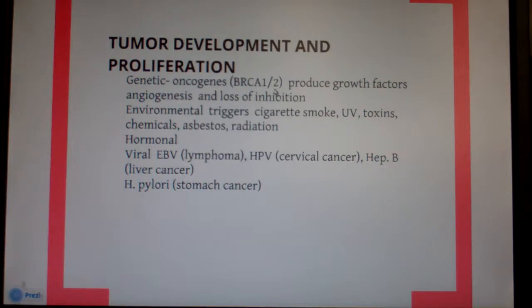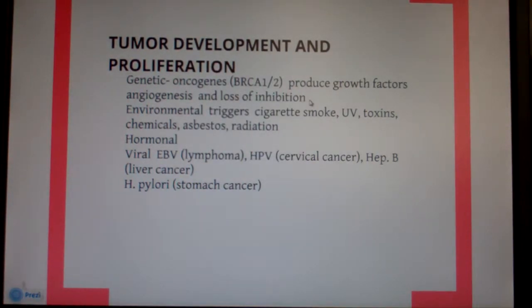Because oncogenes are defective, they have the ability to stimulate rapid proliferation or growth. So that's what they're saying right here: genetic oncogenes BRCA1 and 2 produce growth factors, angiogenesis, and loss of inhibition. So they basically go wild, right?